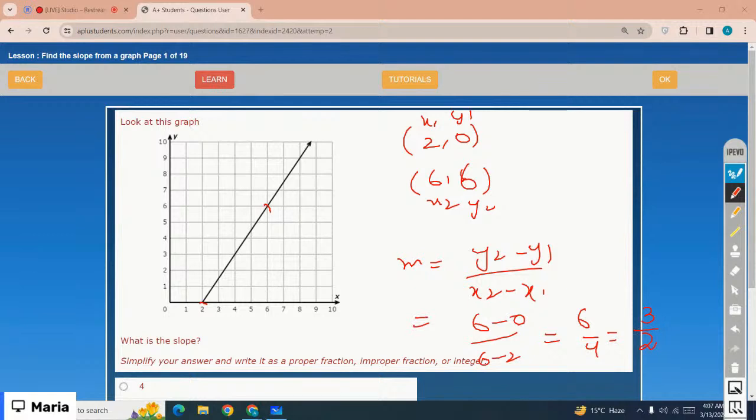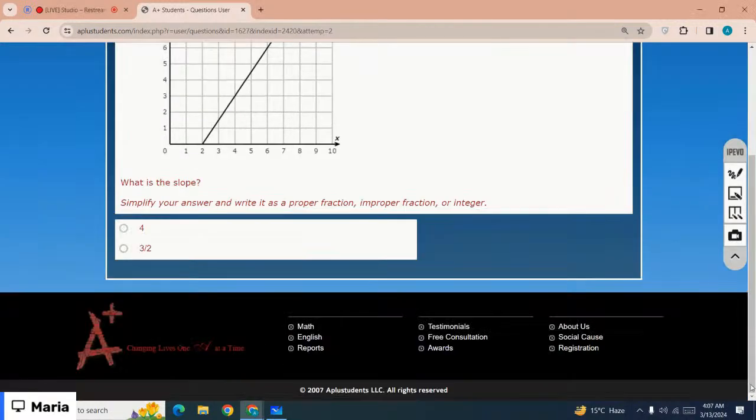So the slope is 3 over 2. Got it? The slope is 3 over 2. Option number 2 is the correct option, right?